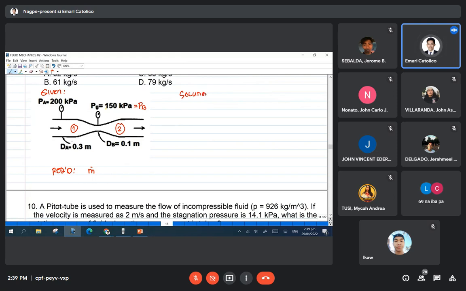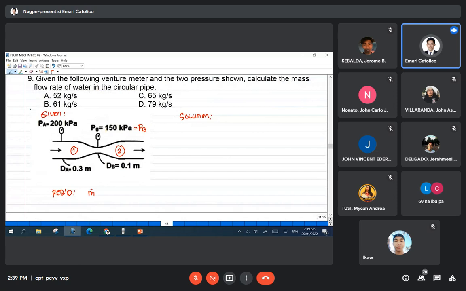Solution na agad. Okay. Under siya ng Bernoulli's equation, formula natin is VA squared over 2g plus PA over gamma, since nasa point 1 pa lang tayo, no? Plus ZA is equals to point 2. So VB squared over 2g plus PB over gamma plus ZB. Yeah.